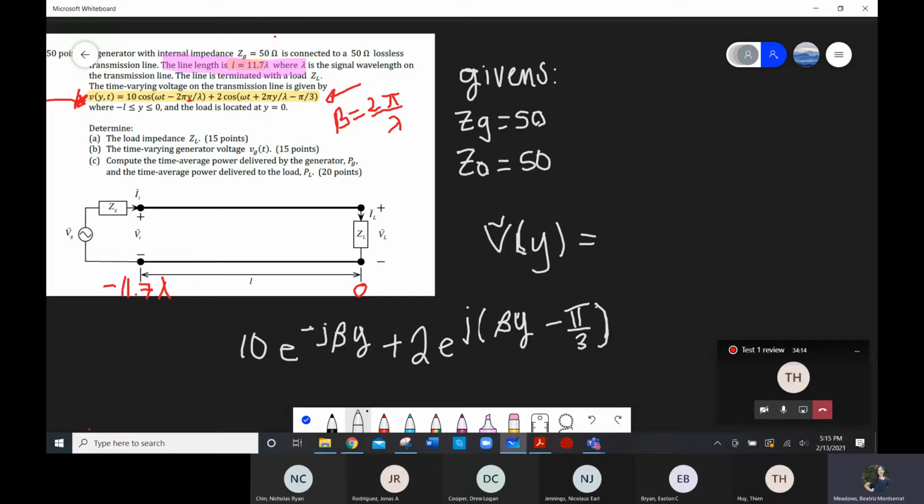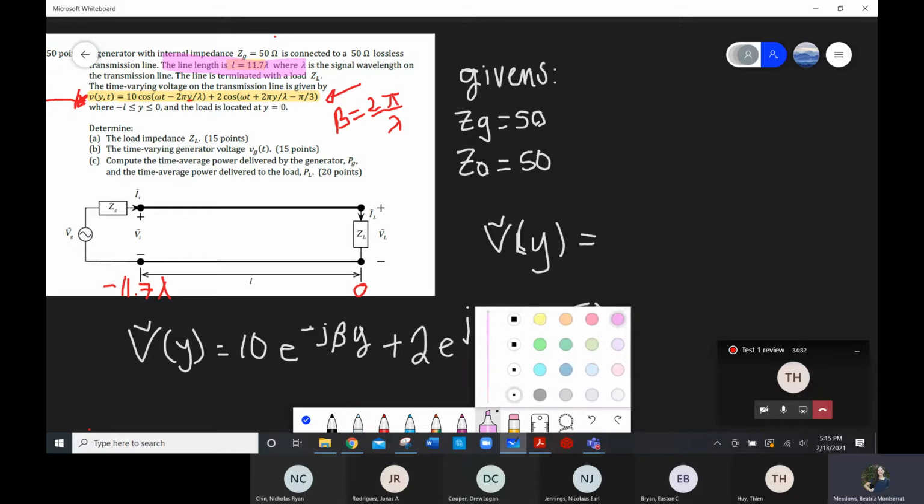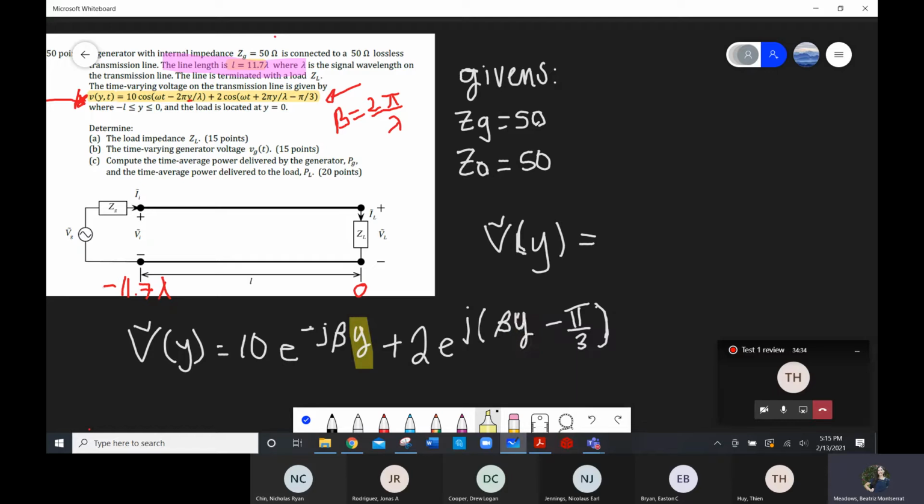Okay, so this is great because now we know the voltage at any point. You guys understand that? This is the equation to find out the voltage at any point. I just have to plug in my position on the y. This is like your whole goal.